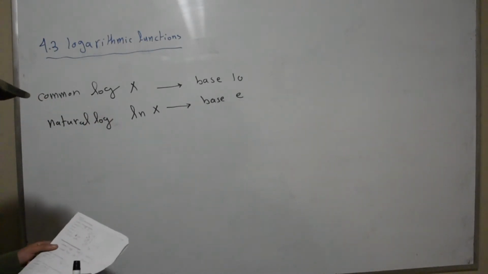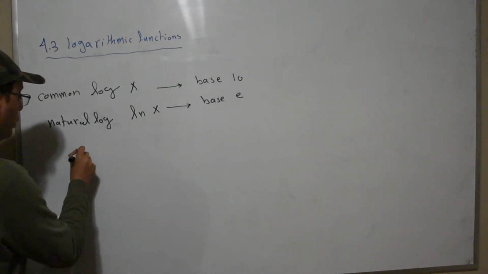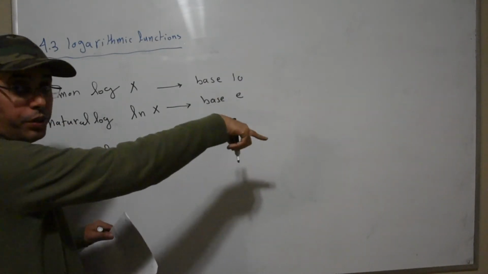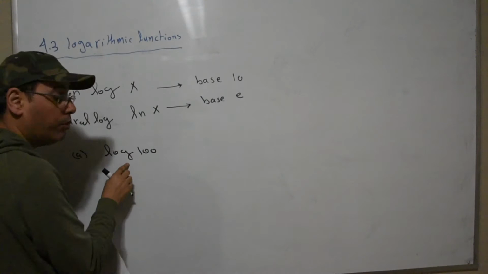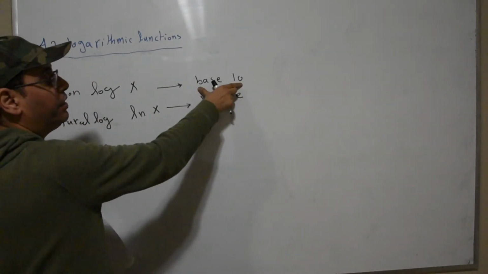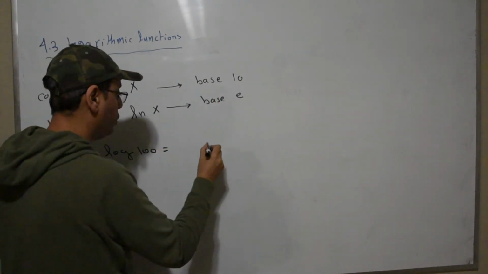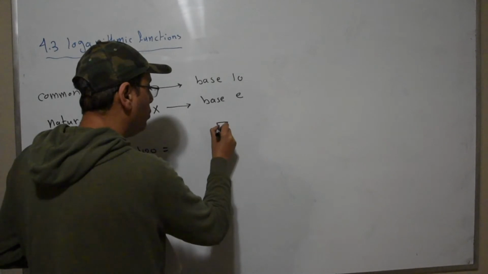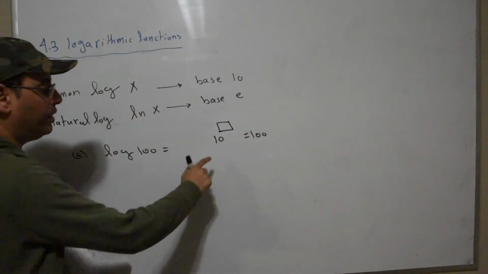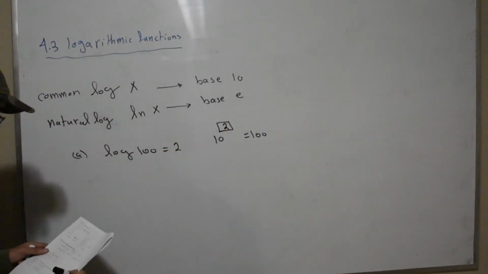Okay, so let's take some examples about that. Evaluate log 100. Based on what we did before, what's the base here? It's a hidden base, so the base is 10. So to answer that question, I say 10 to what power is 100? Basically 10 squared is 100, so the answer is 2.